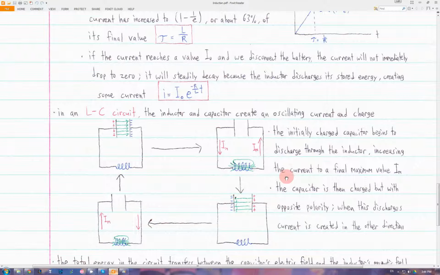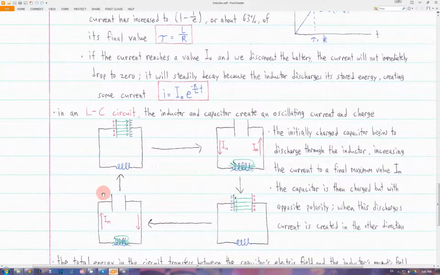Well, now the same thing's going to happen. The capacitor is going to start to discharge in the opposite direction this time. The current is going to go clockwise around the circuit, and then the inductor is going to start storing energy in its magnetic field, and at some point the current is going to reach its maximum value again, but in the opposite direction, and all of the energy will be stored in the inductor's magnetic field.